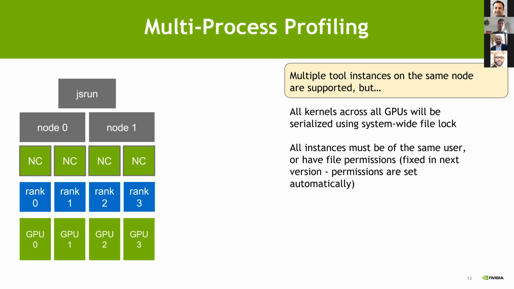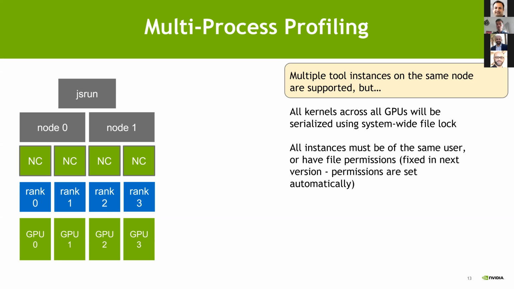And that's to ensure that certain restrictions in the driver and in the hardware are not violated, because that would just cause errors and crashes. So there's only a single performance monitor instance, for example, in the driver.